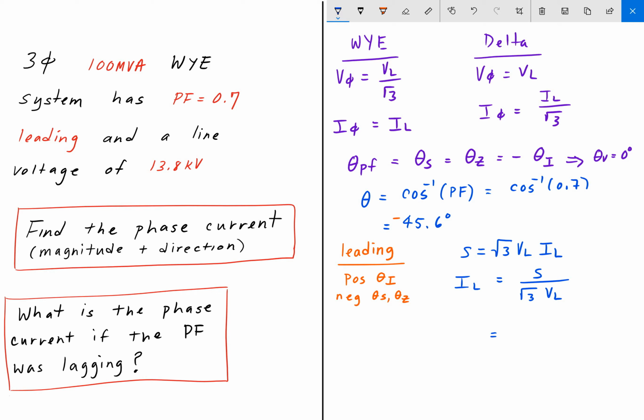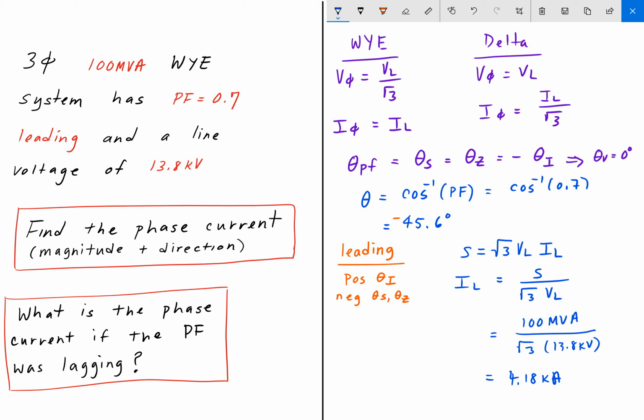So if we plug these numbers in, 100 MVA divided by the square root of 3 times 13.8 kilovolts, we get 4.18 kiloamps.